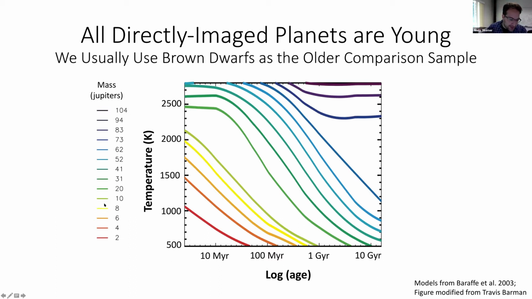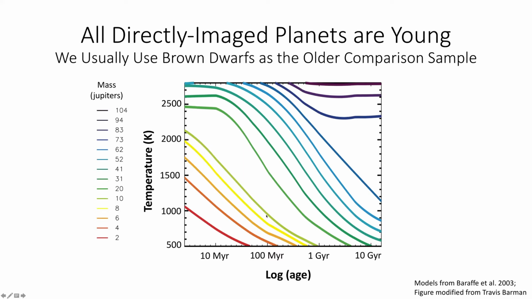So the bona fide exoplanets are these bottom 5 colors right here. And what happens is that if you have a planet form and it's far enough away from its star so that it's not being heated by its star, it's self-luminous, it starts out with a lot of initial energy, and then it slowly radiates that energy away over time. And because it doesn't have internal fusion, it just slowly gets colder and colder and colder.